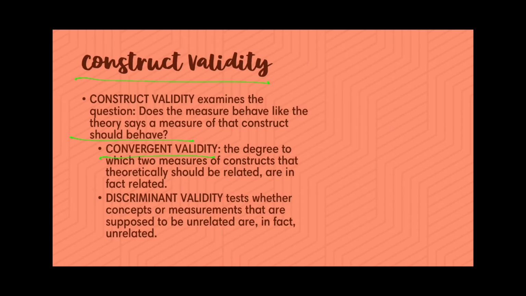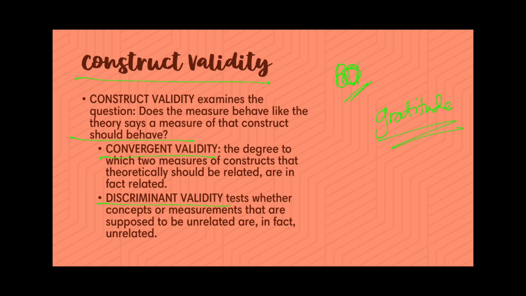And then the opposite of convergent validity is discriminant validity. It tests whether concepts and measurements that are supposed to be unrelated are in fact unrelated. So for example, we say that there is no significant relationship between burnout and, let's say, gratitude as a variable.